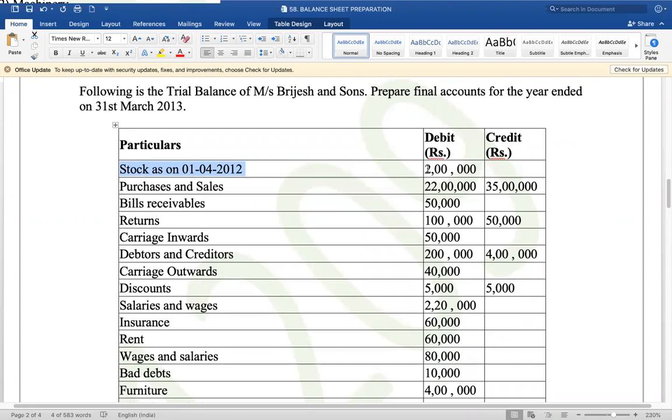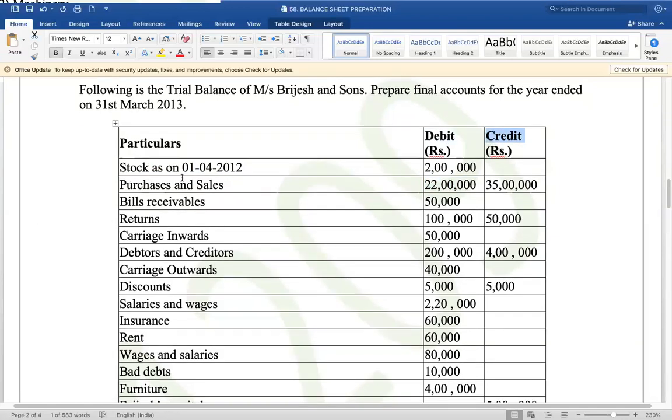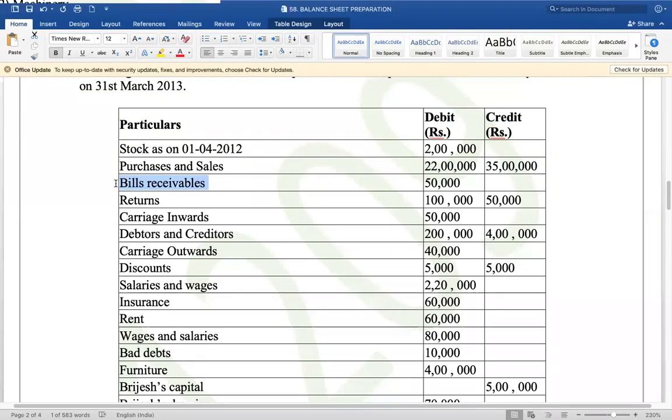So that's 200,000. And purchases and sales. This is purchase, because purchases always show a debit balance. And this is sales, because the sales account always shows a credit balance. Next is bills receivable, an asset, debit.